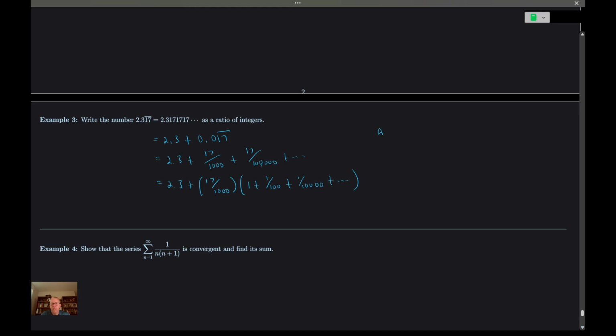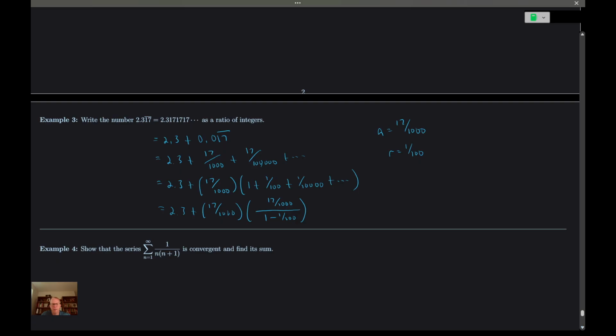So a is 17 over 1,000, r is 1 over 100. So this will go to 2.3 plus 17 over 1,000 over 1 minus 1 over 100.